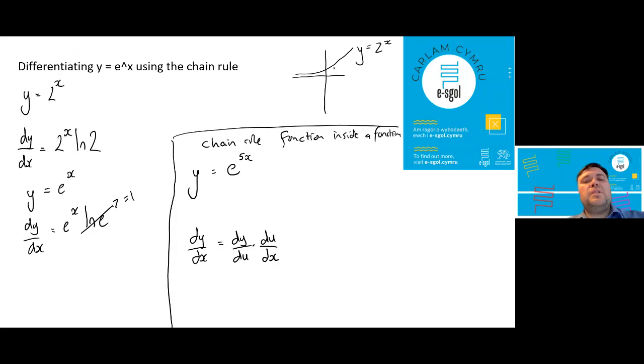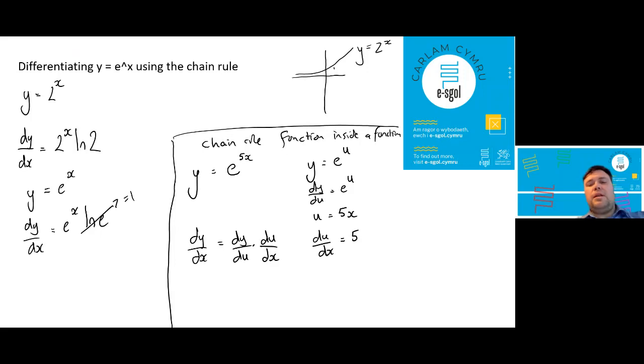What we do is substitute in the function that's inside the function. So we would have y equals e to the u, and u equals 5x. Then we differentiate this with respect to u, and that just gives e to the u, and then we differentiate u, and that gives 5.